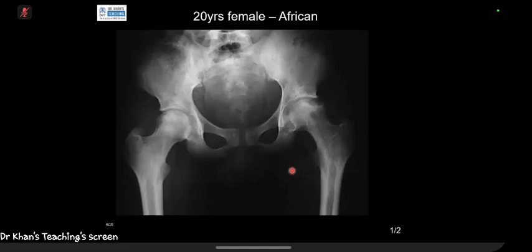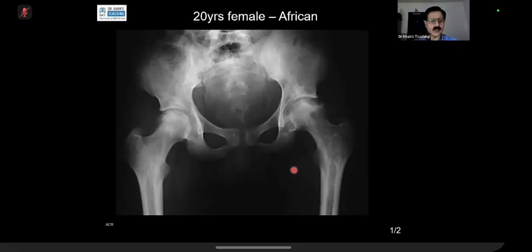There are also generalized sclerotic changes seen in all the visualized bone. On the other hip joint there are also sclerotic changes, but less evident. The conclusion is maybe AVN, avascular necrotic changes of the hip joint, more on the left side. Okay, that's fine. Thank you. Well done.